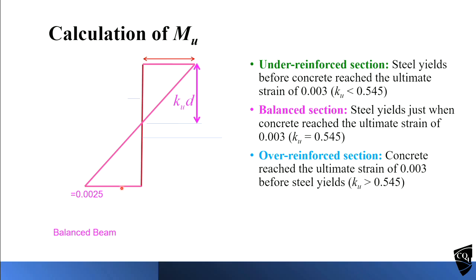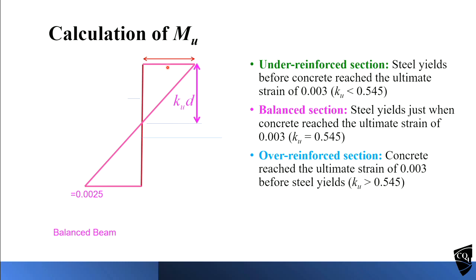Okay, if the steel reaches the yielding point at the same time the concrete reaches the maximum strain of 0.003, if both happen at the same time, when you increase the bending moment, both strains will increase slowly.